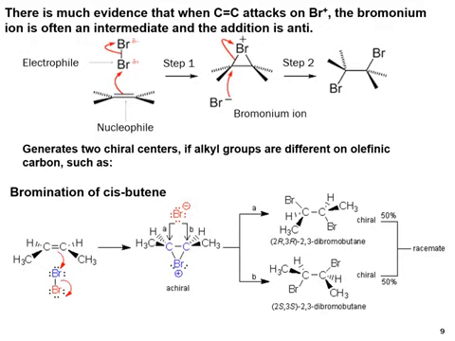Then the bromide anion can attach to either carbon. When attached at A, it gives one enantiomer. When it attaches at B, it gives the second enantiomer. There are 50-50% enantiomers. Overall, the product is a racemic mixture.